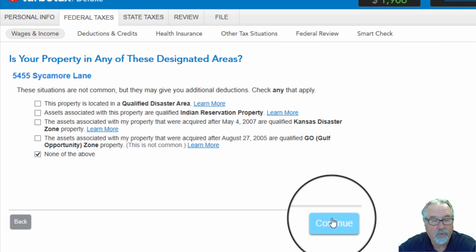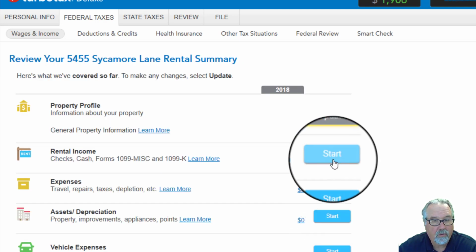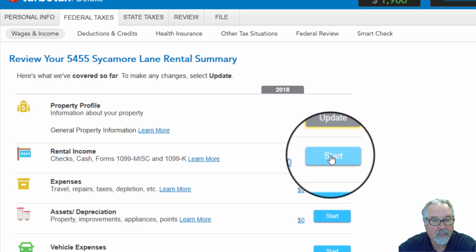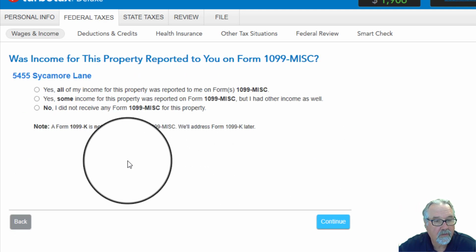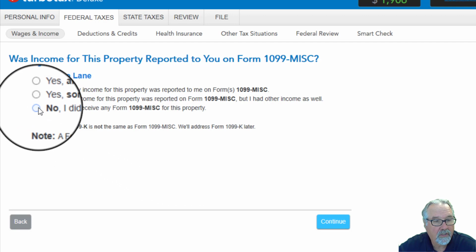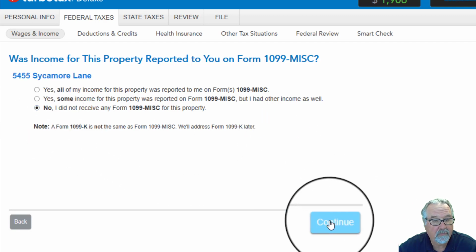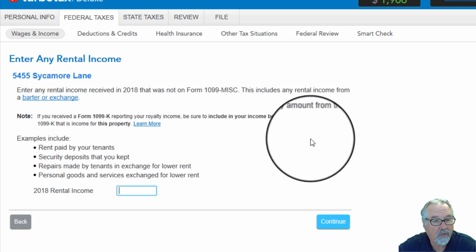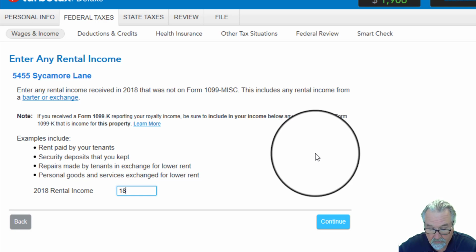And none of these would apply. So the first thing is to put in the rental income. We did not receive any 1099 miscellaneous for this property. We just collected rent from the tenant, and the rental income is $18,866.25.